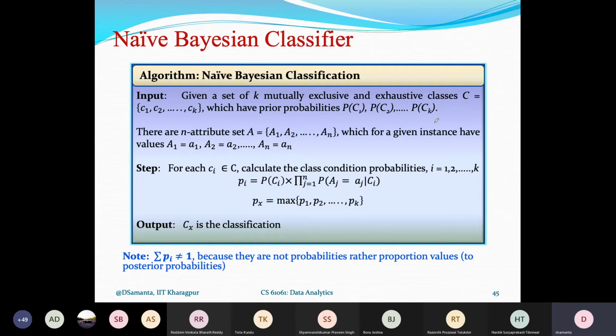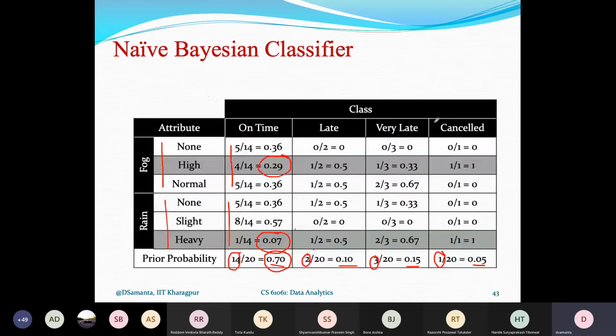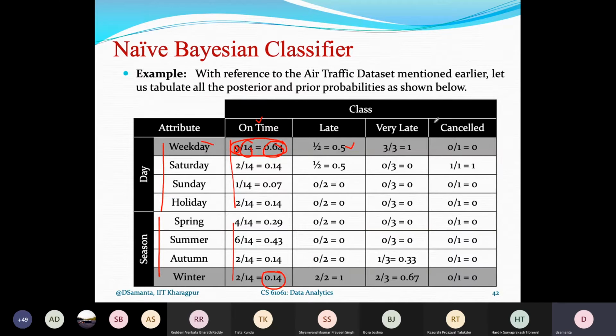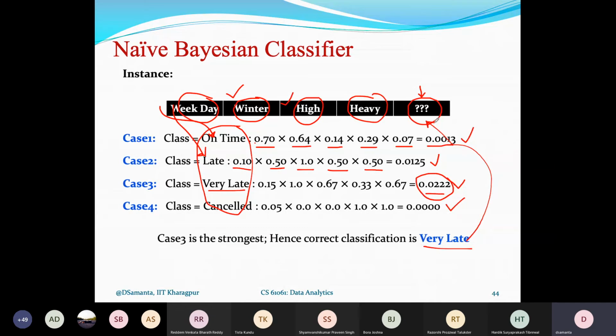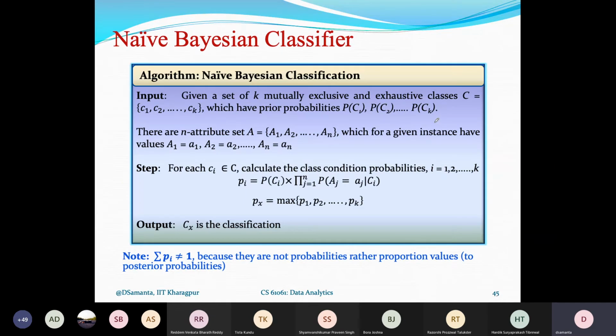Because there are so many model parameters, we can store all those values in a contingency table, which is like this one. So these are all model parameters. All prior probability and posterior probability calculations are the model parameters. And this is the classification model.